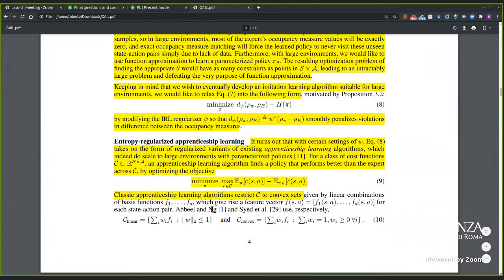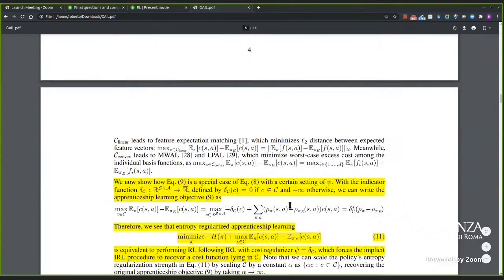So classic apprenticeship learning algorithms restrict C to convex sets. So there is a harder constraint on the kind of cost function that they consider.